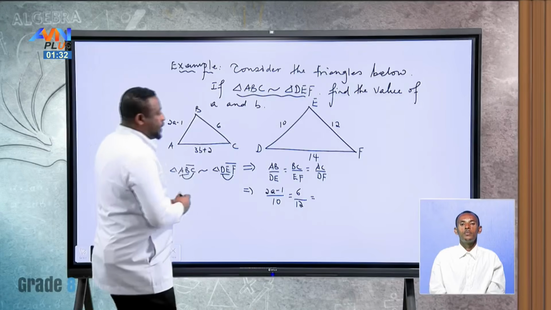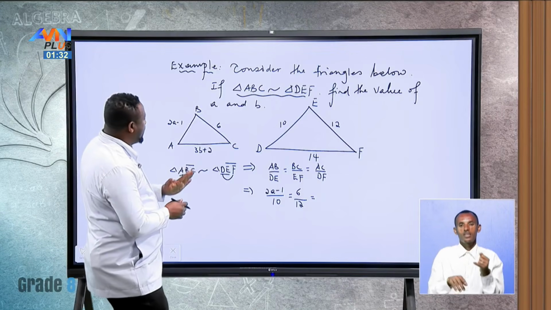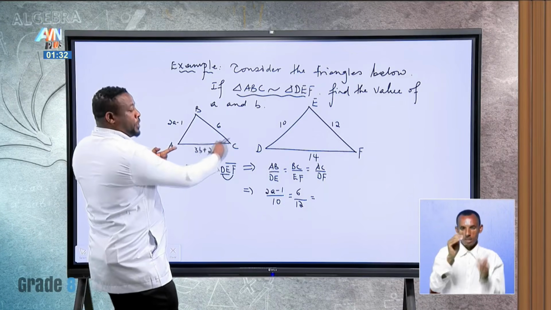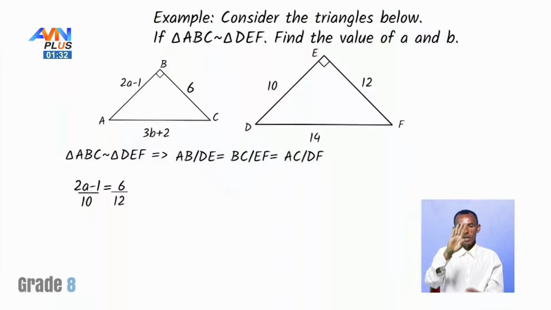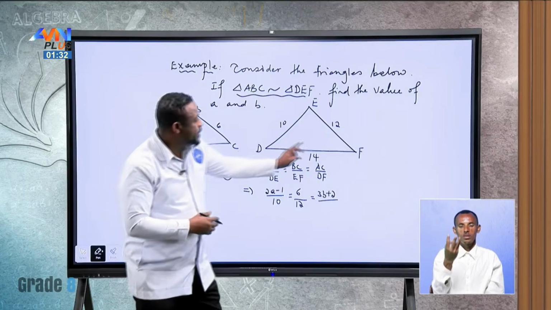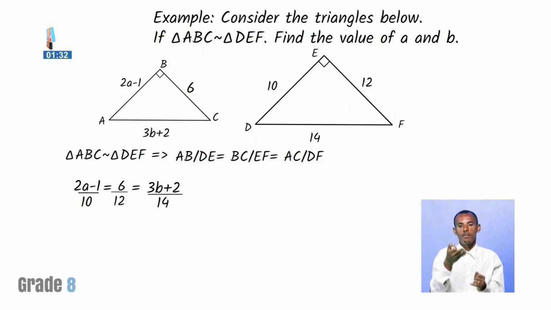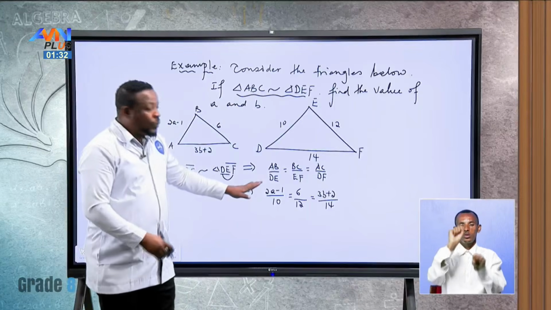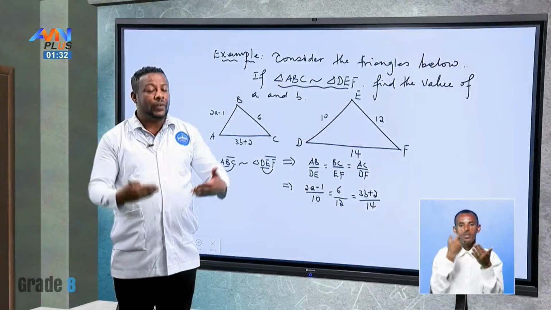Then the last proportion is AC, which is 3B + 2, and DF is 14. So we have these sets of equations.